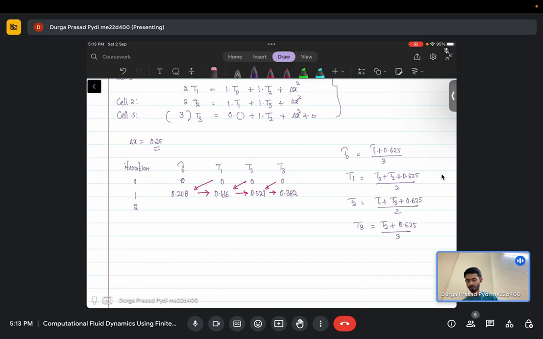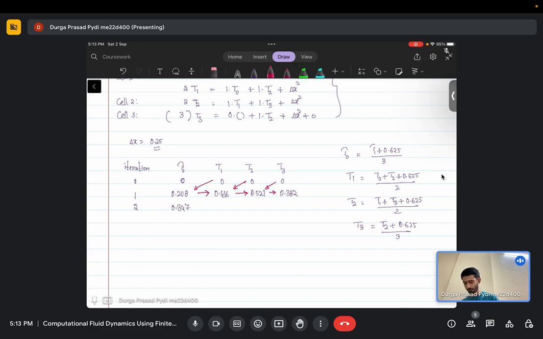So if you do it again, the procedure is similar. So you just take T1 plus 0.625, and then T1 is in terms of T0, 0.347. So if you observe, each time we are taking the latest value that is available.